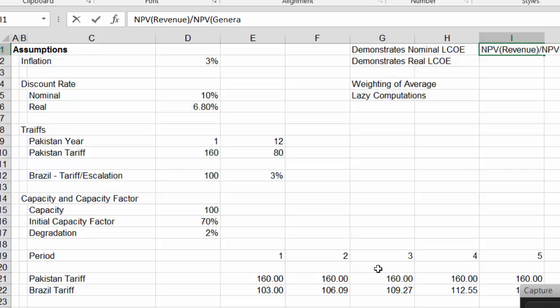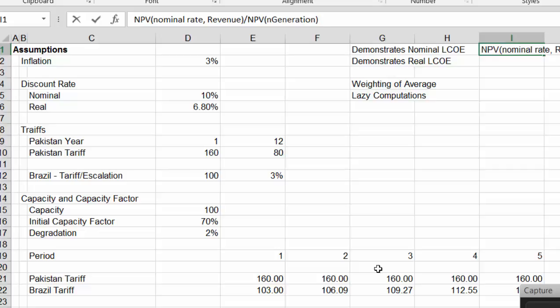Now, when we do this, the discount rate will be at a nominal rate, and the generation will be at a nominal rate.